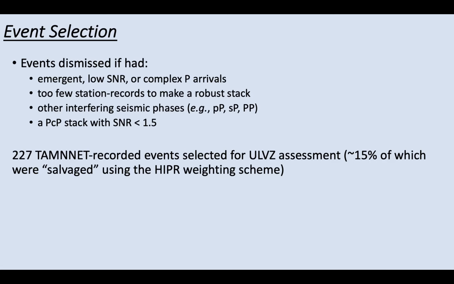Meaning if we had just gone with the initial stacks, like I showed you a moment ago, those events probably would have gotten kicked out because the PCP wasn't clear enough to work with. And so HIPR actually put a fairly significant number of events back into play, so that we had more data to work with. So that was really useful.